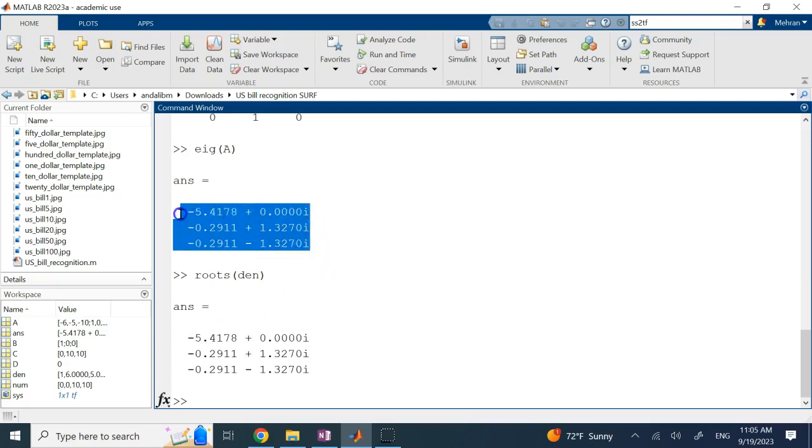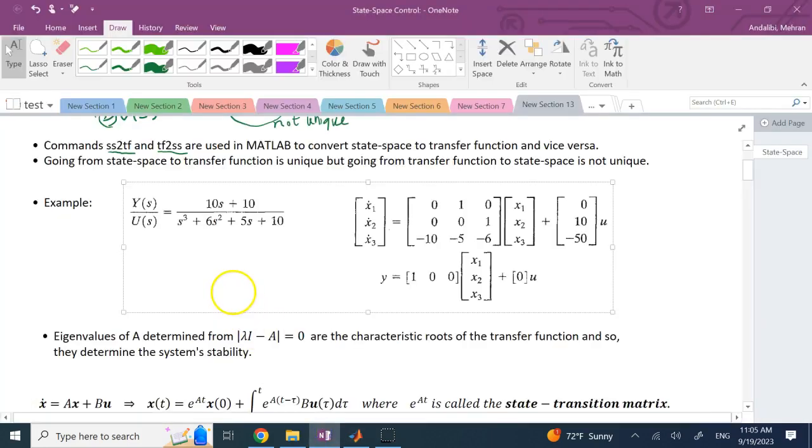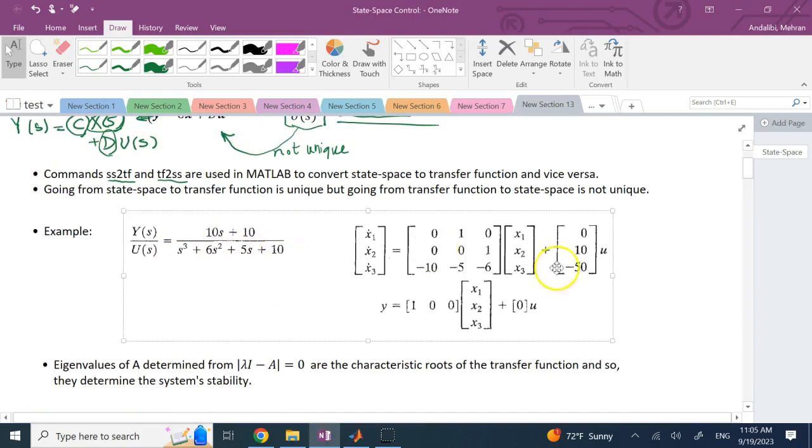And these are the eigenvalues of matrix A, and they are the same thing, right? So if you want to look at the stability of the system in the state space, you're not going to solve for the roots of a polynomial, right? You're going to look at the eigenvalues of the state matrix, and that will tell you whether the system is stable or not.